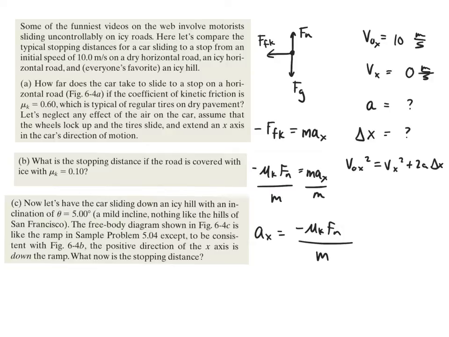So to get delta x, we need a. To get a, we need Fn. So we need inherently Fn. Where do we get Fn for any problem? Not any problem, I shouldn't say that, sorry. For most problems, where does Fn come from? It's mg. A lot of the time it's mg, but where does it come from is my question. What direction does it usually come from, I should say? Traditionally, yeah, the y direction, the vertical.